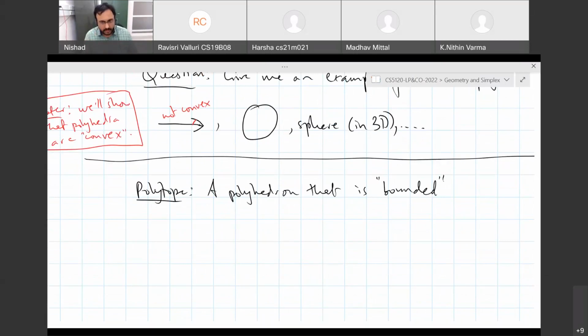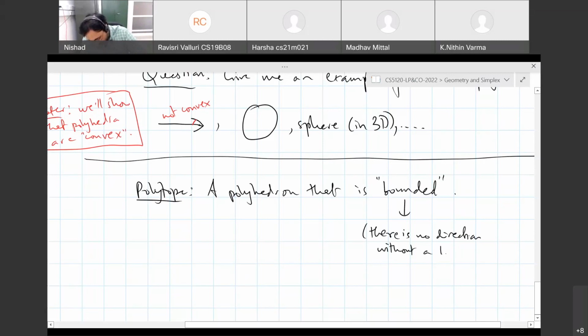So that's not too crucial, but I just want to make sure that you're not confused by these terms, as I was as a master's and PhD student. Okay. So in particular, there is no direction without a boundary. Right? And I'm not making things formal because, as I said, it's not really crucial to the content.